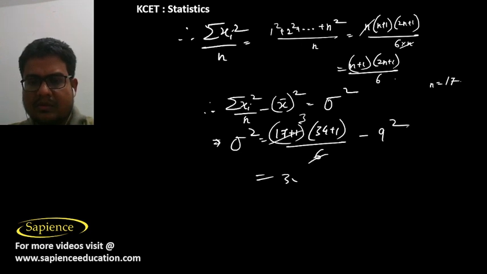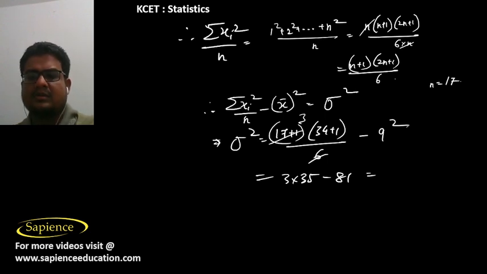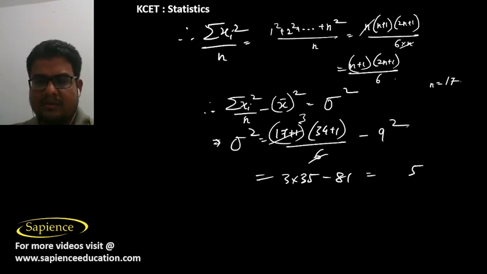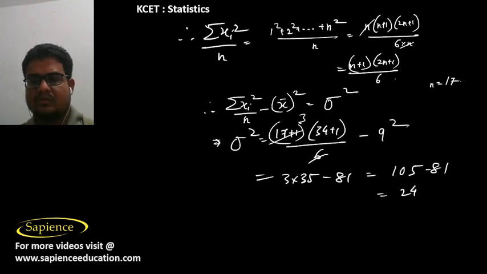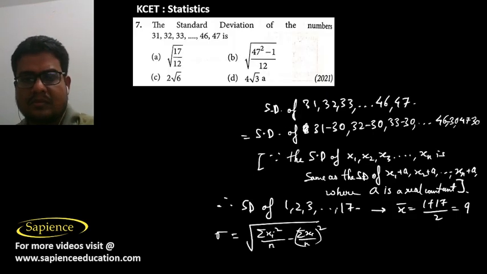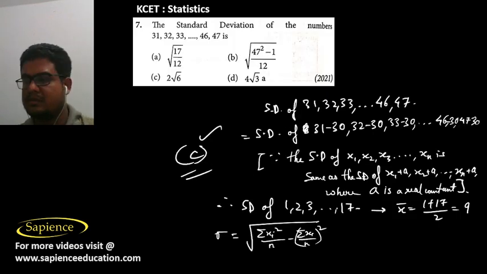So 3 into 35 minus 81, 3 5 is 15, 3 9, 105 minus 81, so that is equal to 24. Sigma square equal to 24, so therefore sigma will be equal to 2 root 6. Option C is the correct answer.